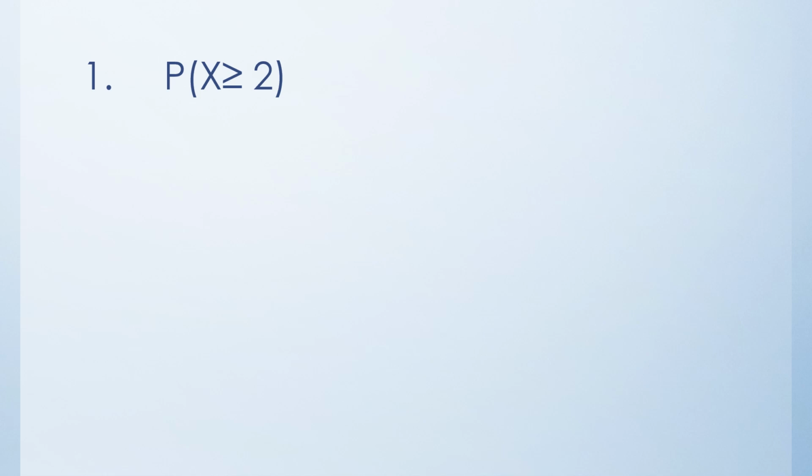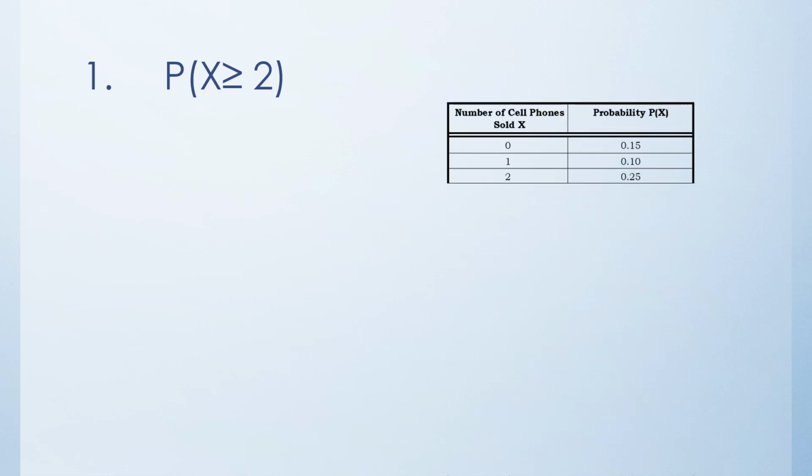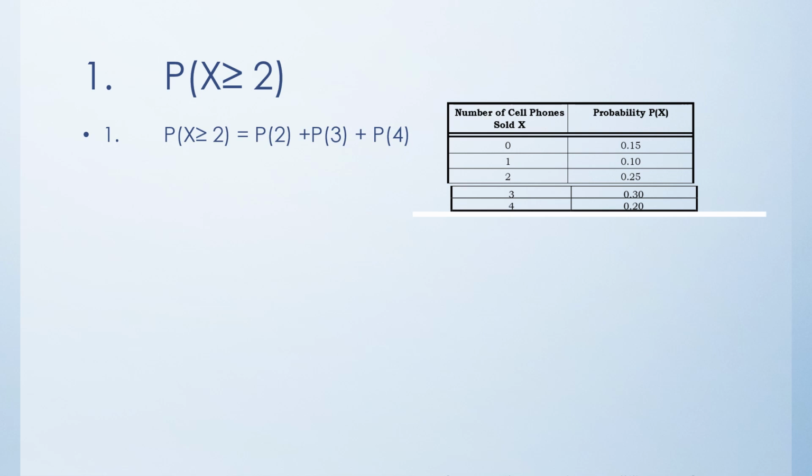Number 1. What is the probability of X is greater than or equal to 2? From the given table, X is greater than or equal to 2, meaning from 2 going to 4.